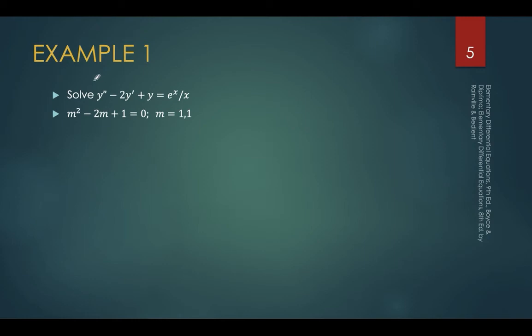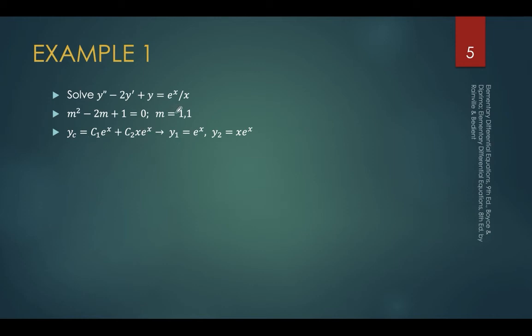For the auxiliary equation here, we have m squared minus 2m plus 1 equals 0. This has identical roots of 1, and for the complementary solution you have c1 e to the x.